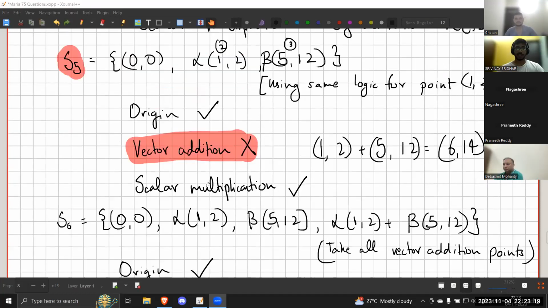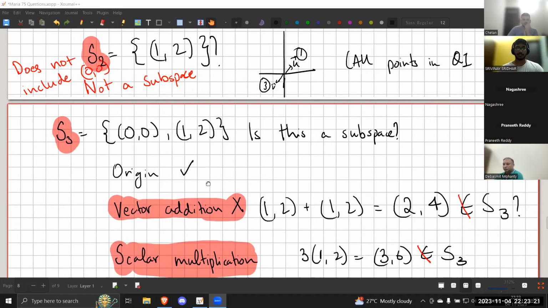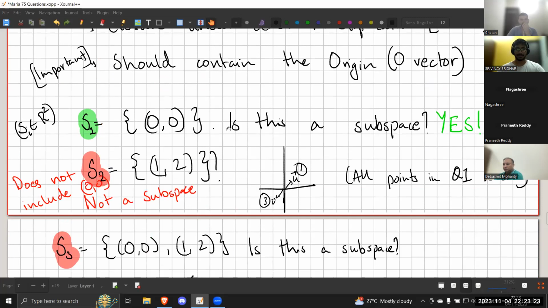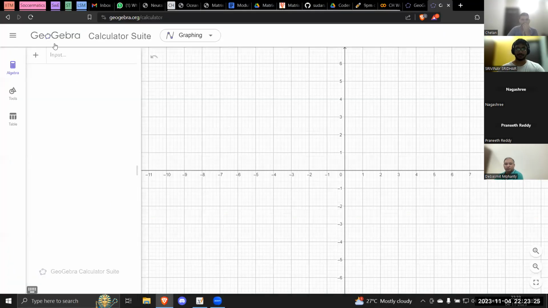Do you want to see S1, S2, S3, S4, S5? Yeah. So we'll trace everything and see what's happening. Right now this is just the plane R2. I have my point (0, 0). We saw that it satisfies all the conditions, right? I can call my (0, 0) a subspace in R2.